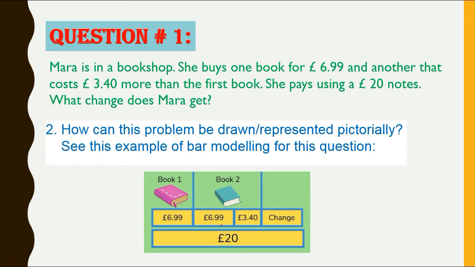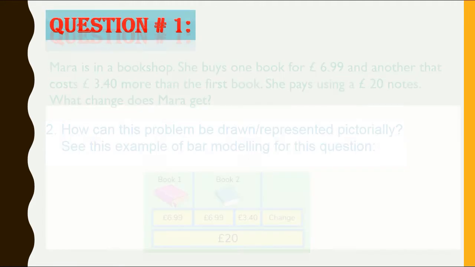So the cost of the first book was 6.99 and how much greater was it? It was greater by 3.40 pound. We have to add them. Then after adding them, we will add the price of all the books, and then we will find the change. What change does Mara get?